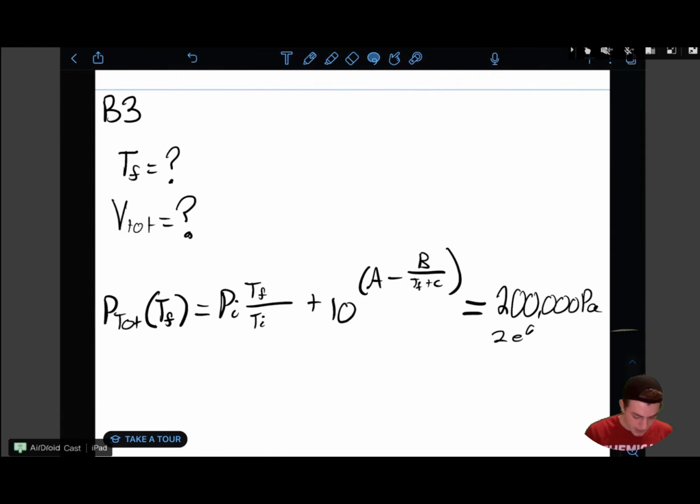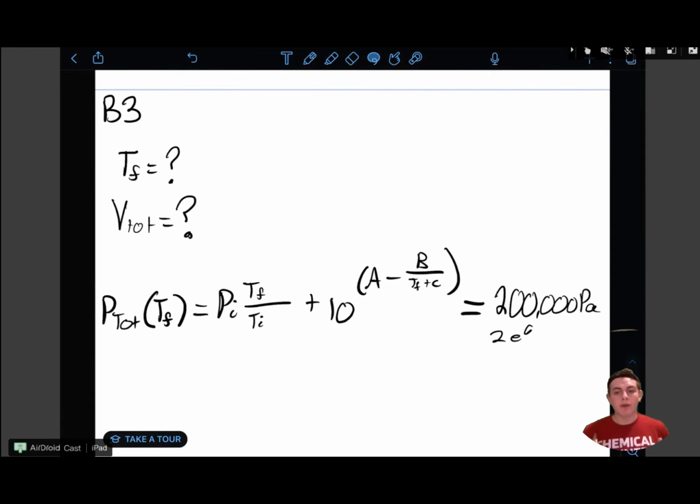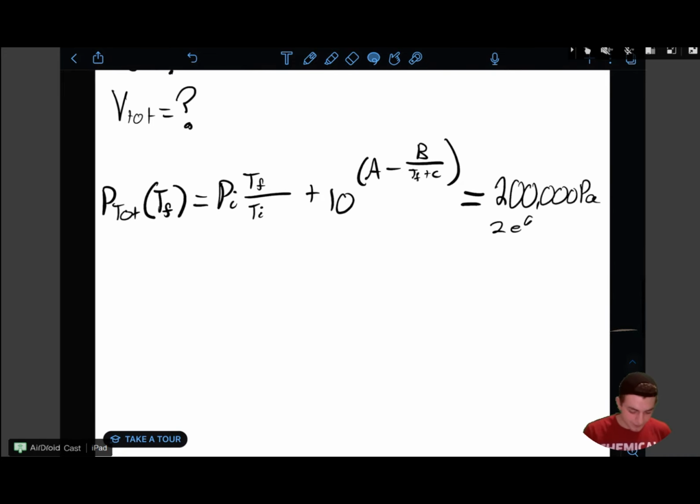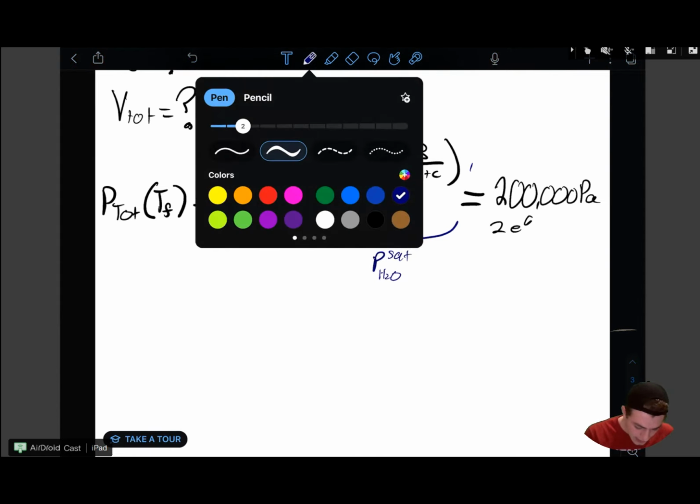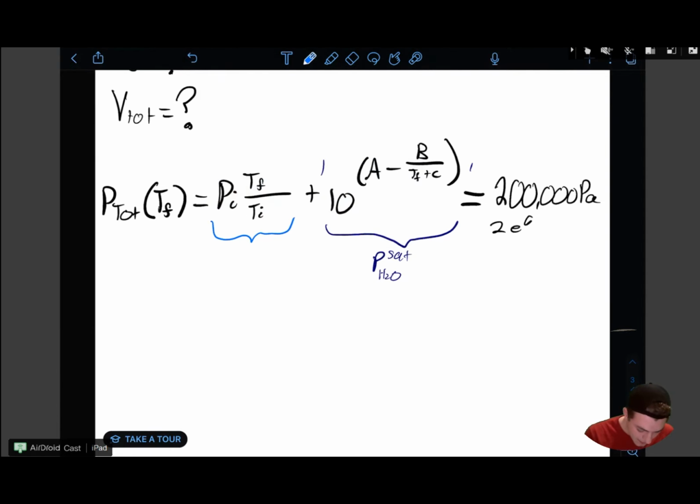There we go. Now, there's going to be one major difference between this equation and the one we used earlier. Remember, this chunk of the equation here is the saturation vapor pressure of water, and then this chunk of the equation here is the final partial pressure of the air.